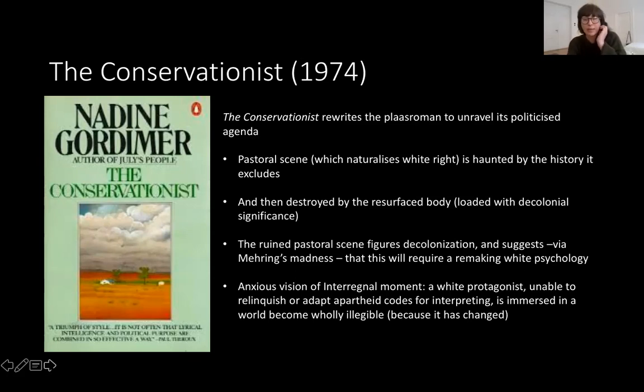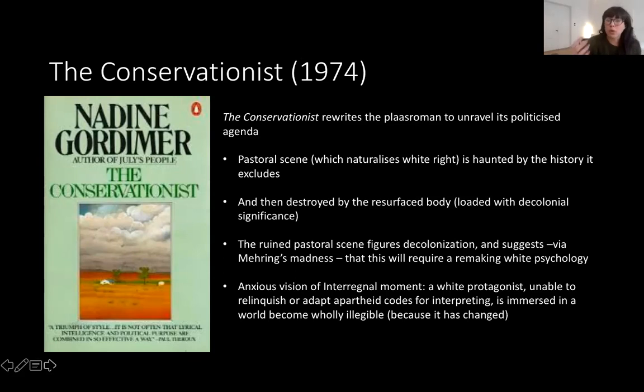Okay, so The Conservationist rewrites the plaas roman in order to unravel the politicized agenda of the plaas roman, which, remember, the pastoral scene in the early plaas roman serves to naturalize a white right to the land. In Gordimer's text, that politicized pastoral scene is haunted by the history that it has to exclude.